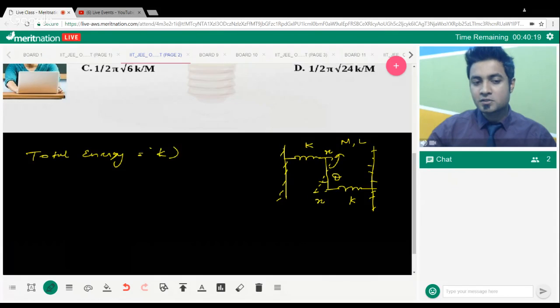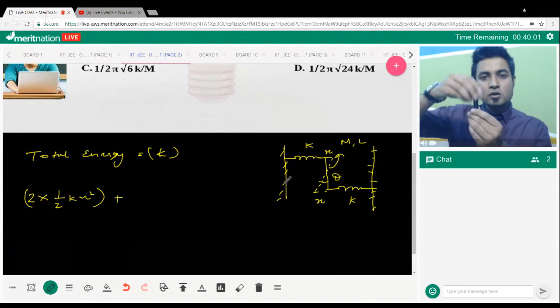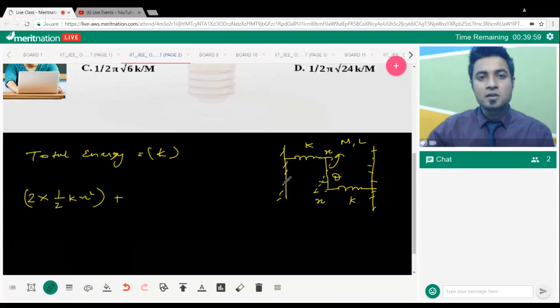We have the spring potential energy, and as we have two springs, I write 2 into half kx square, plus, as the rod is also rotating, the rotational kinetic energy, half I omega square, which equals a constant.